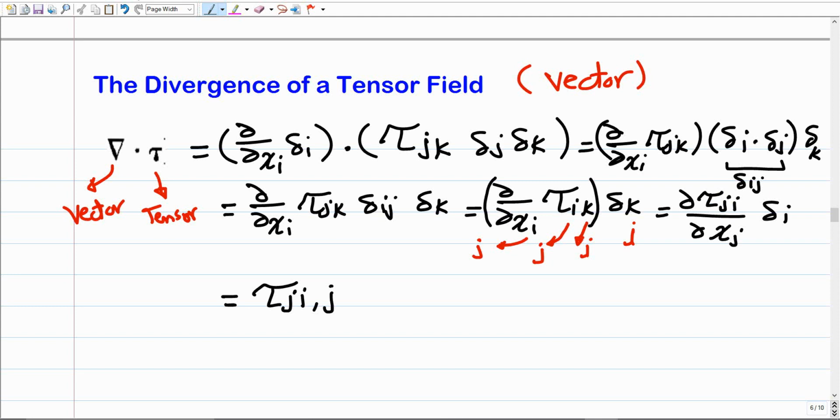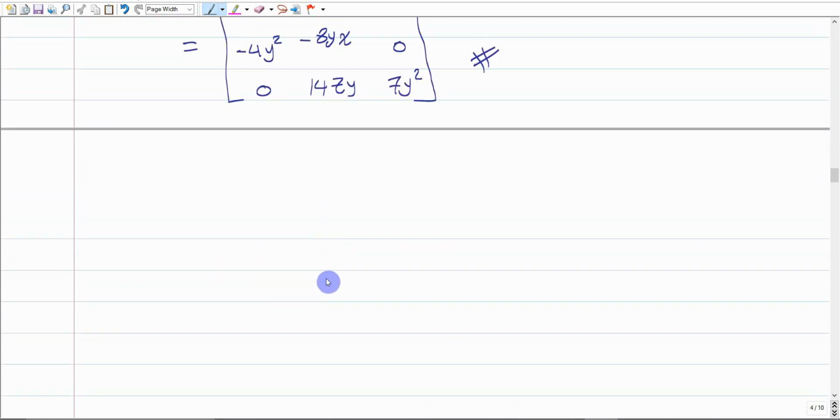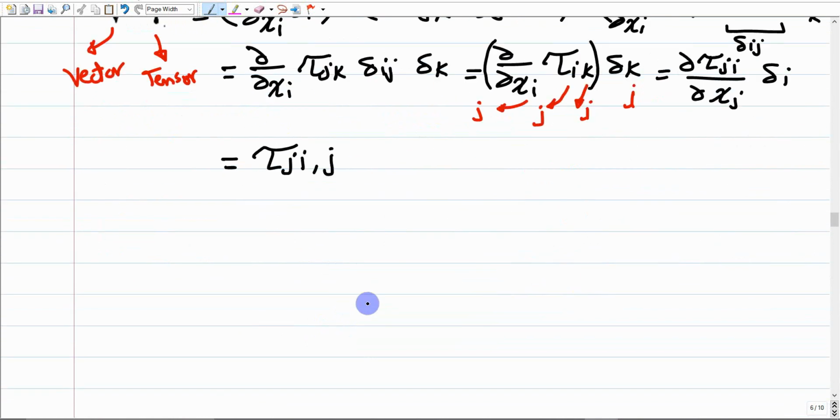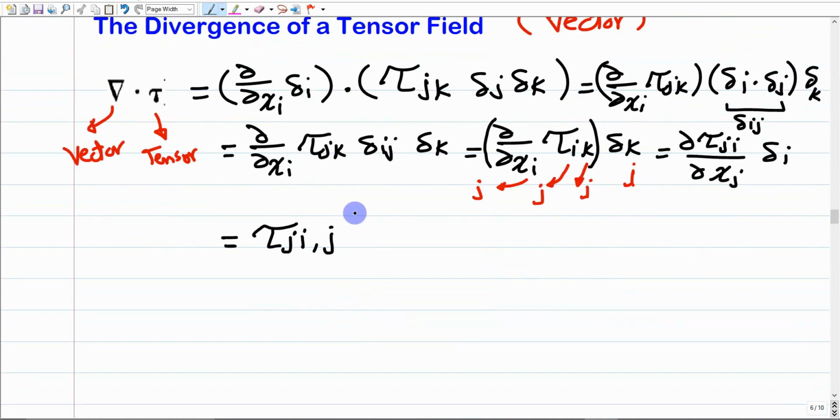And remember, it is a field. It means that all the components of the tensor should be functions of x and y and z, like what we did for this example. This is a tensor field. Its component is a function of x and y and z. Make sense? So going back here, and then we're going to have the delta I. So this is the compact form of the divergence of a tensor.